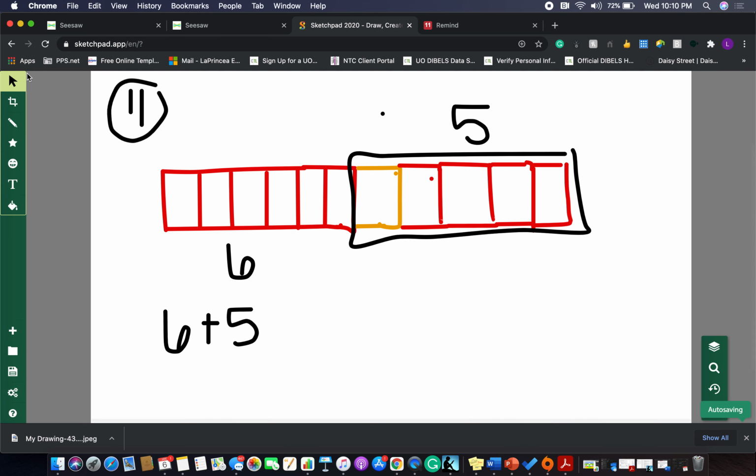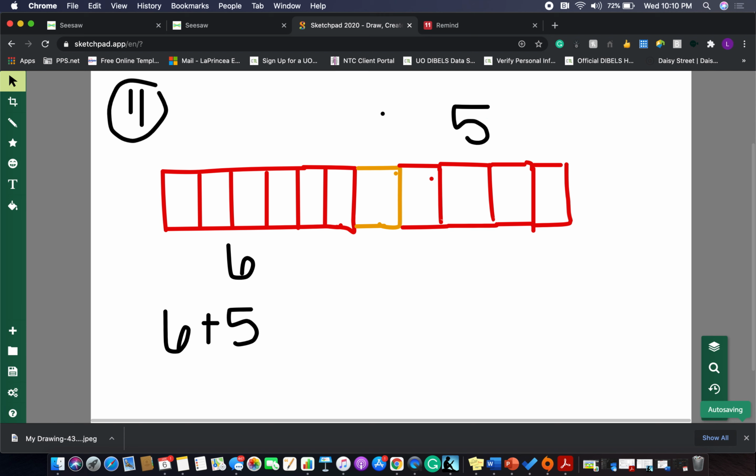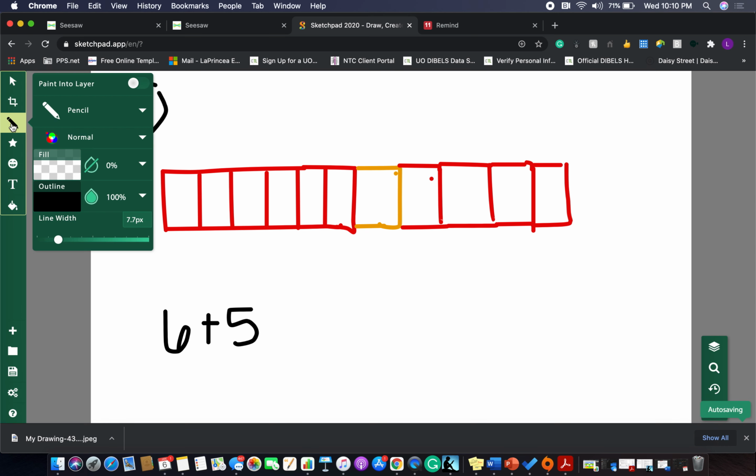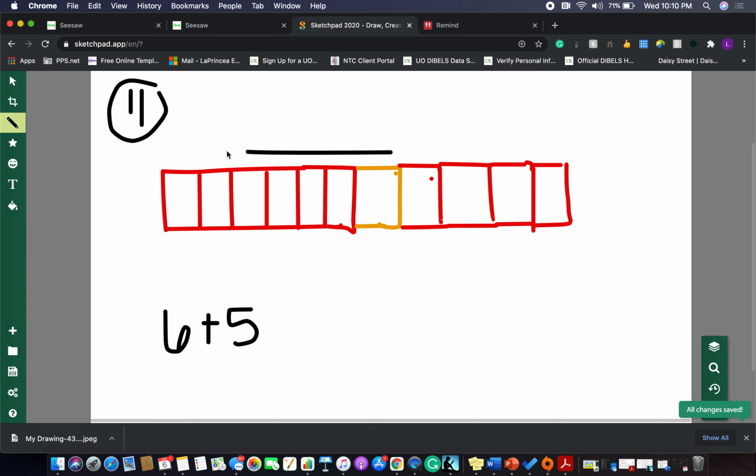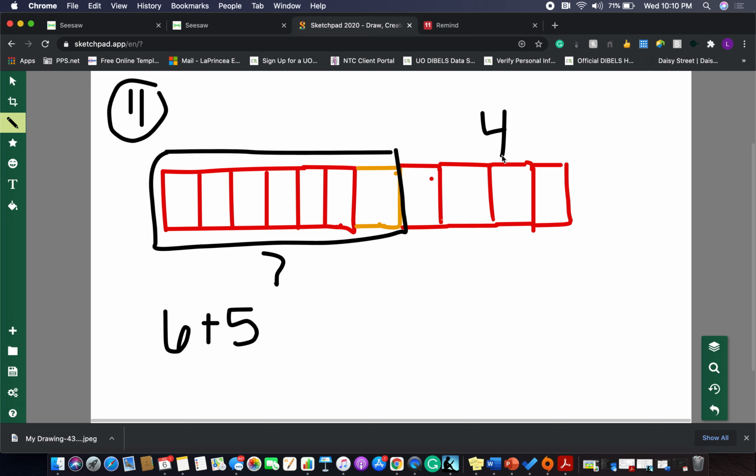Now I'm going to join my 6 red cubes with my yellow cube. I now have a total of 7 cubes altogether, with 4 on the other side.